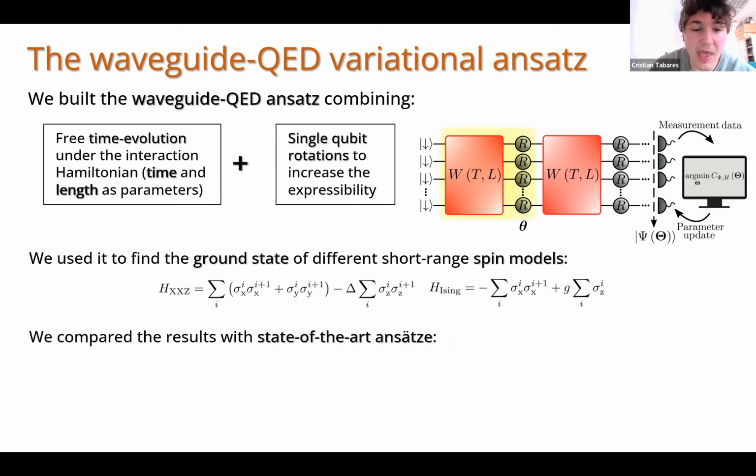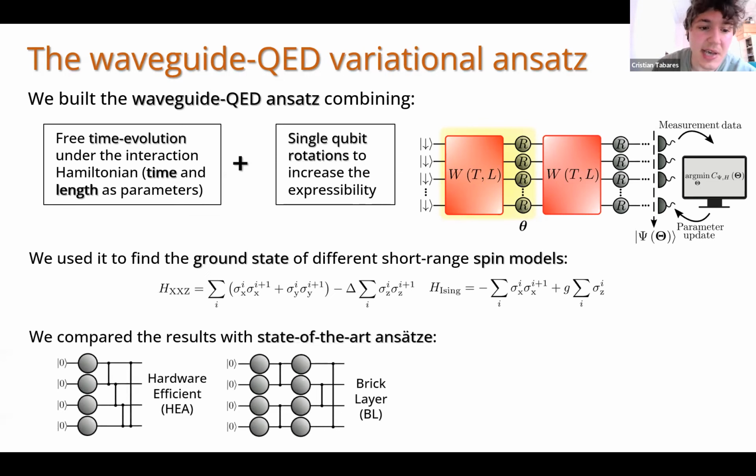Then we compare our results with the state-of-the-art ansatz, which are, in this case, the hardware-efficient ansatz and the brick-layer ansatz, which use single-qubit rotations and CNOTs. This is a very naive ansatz that works really badly, as you will see, but it has been used in the literature. This is an ansatz that, in some sense, resembles an MPS, so it works more or less great for this type of systems, but also under some conditions.